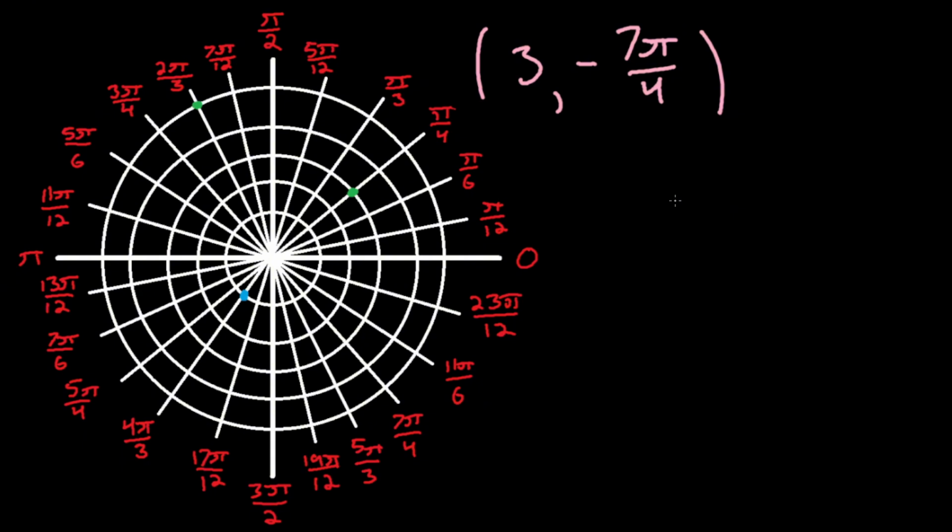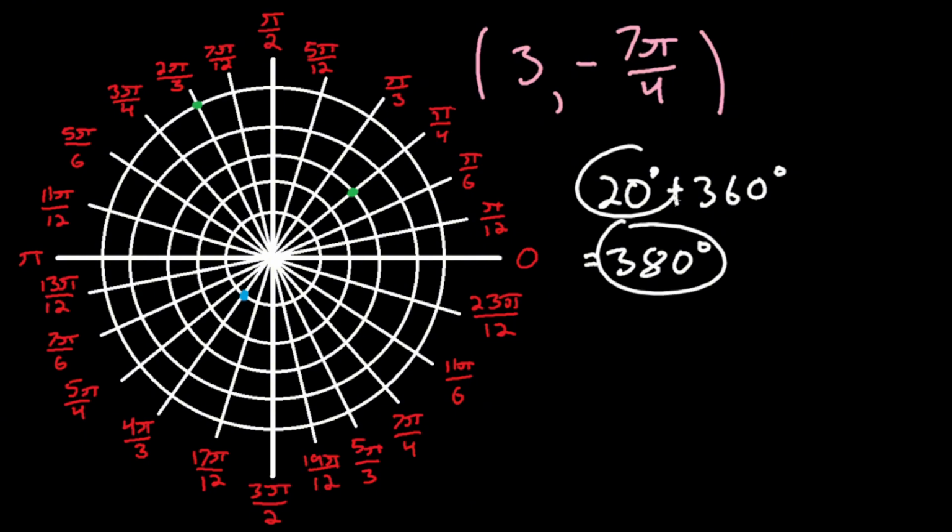Well, the thing about this is that I'm going to show you something that's fundamentally equivalent again. When you have an angle, let's say 20 degrees, if you add 360 degrees onto it, you get 380 degrees, correct? Well, 380 degrees and 20 degrees really show you the same angle.